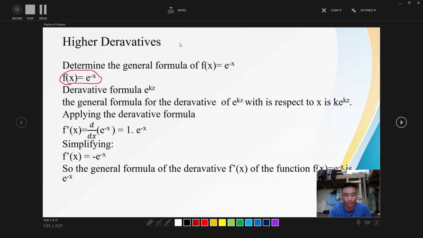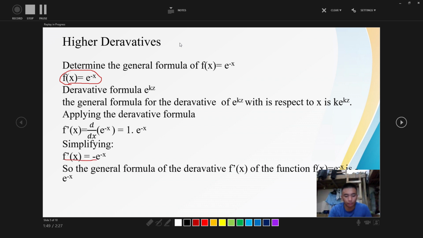The term negative e^(-x) represents the rate of change of the original function at any given point x. This term reflects the fact that the function decreases rapidly as x increases.